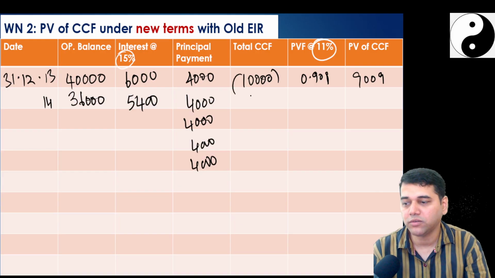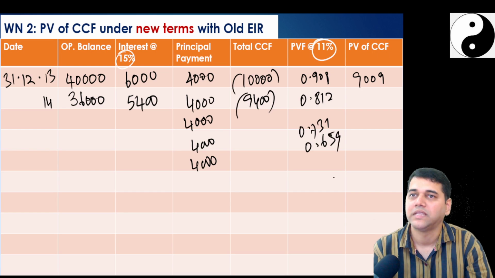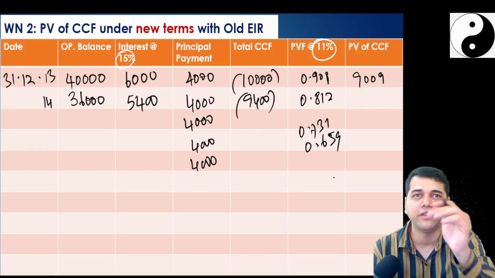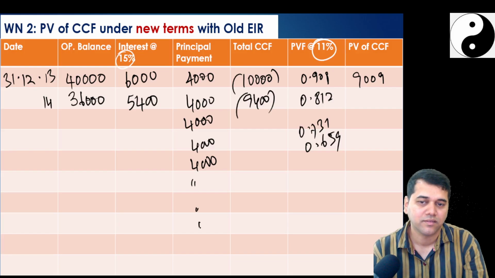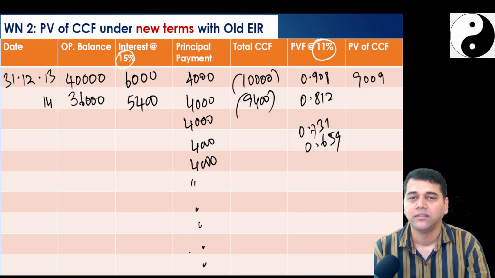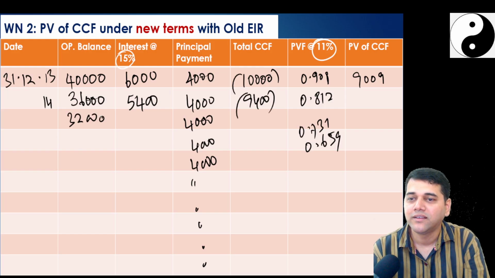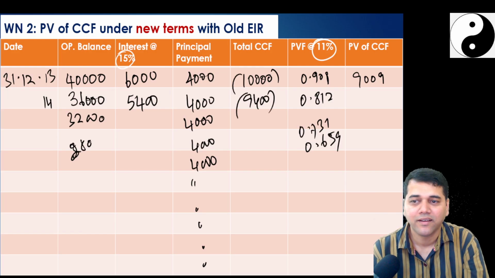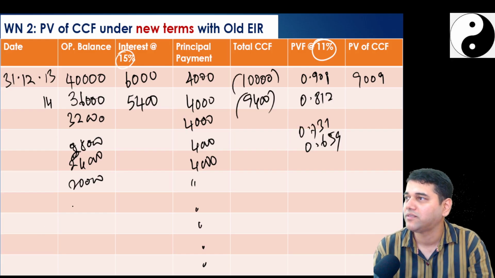Now the total amount comes to 9,400, and in fact you can fill up this. All these values you can pre-fill. You know that. It will not change. So if it is 9,600, this also you can pre-fill. Correct, no? Every year the principal is going to get reduced by 4,000, no?